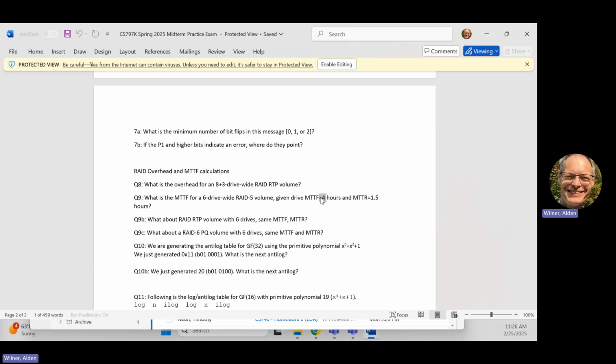So 256 is the numerator, and the denominator is going to be 6 times 5 times 4 times 3 times 1.5. Okay. Let's go ahead and just write the numbers down here.